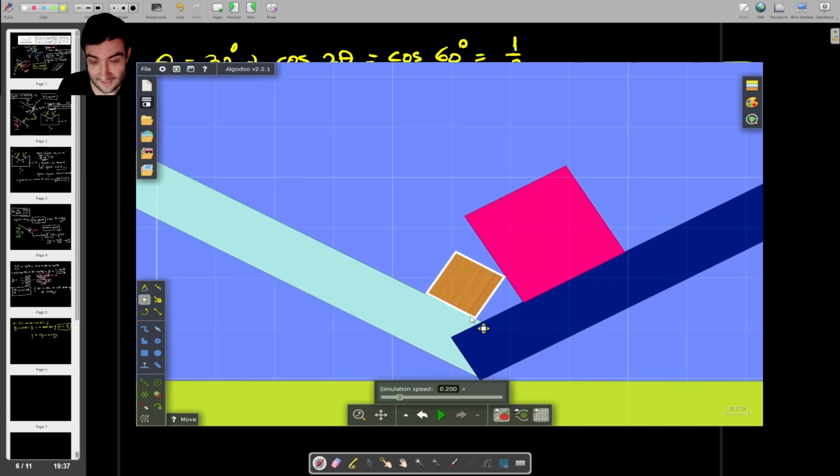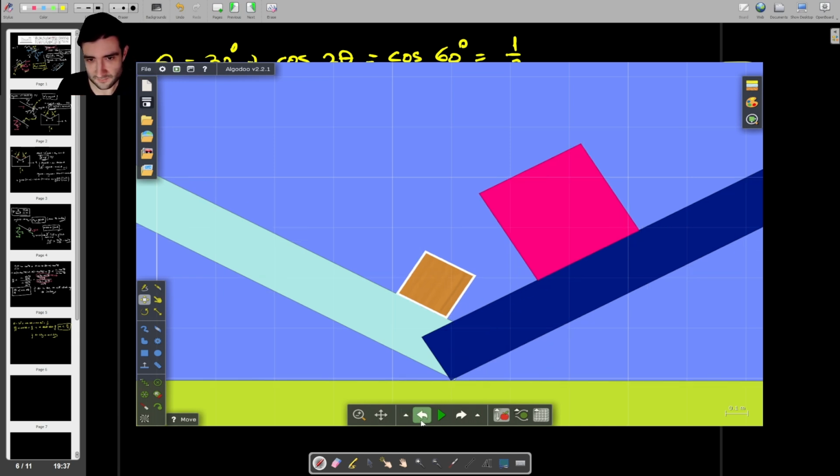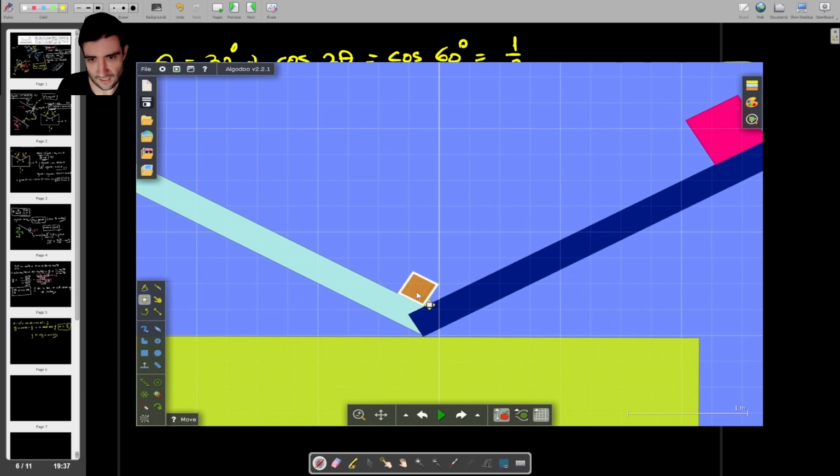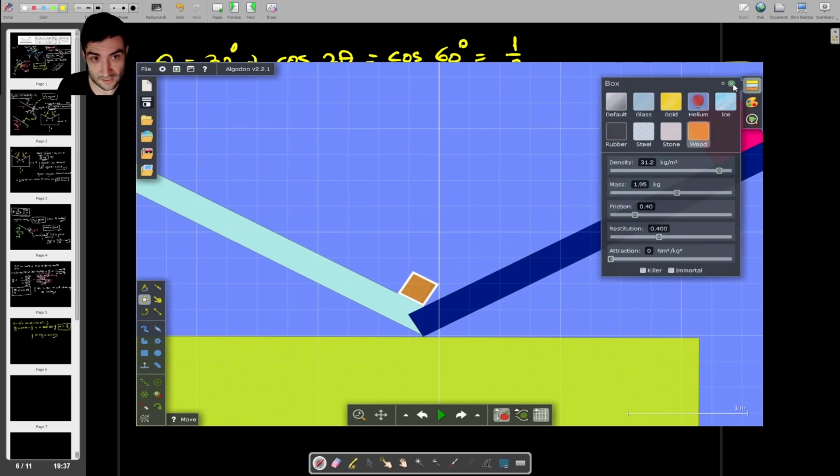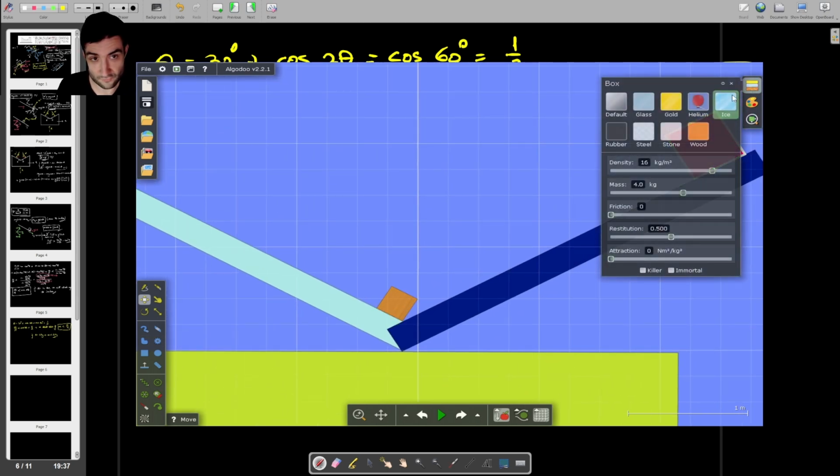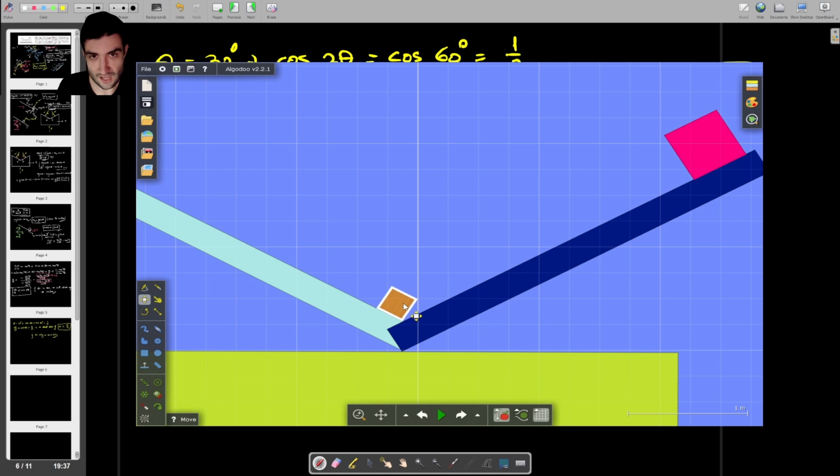And it's going slowly because its mass is very close to the boundary of 2 kilograms. Remember, it has a mass of 1.95 and the mass of this one is 4. So I've crossed the boundary and now it's behaving exactly like what we analyzed.